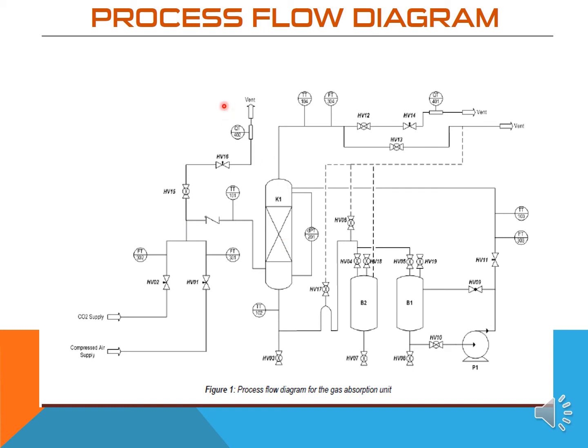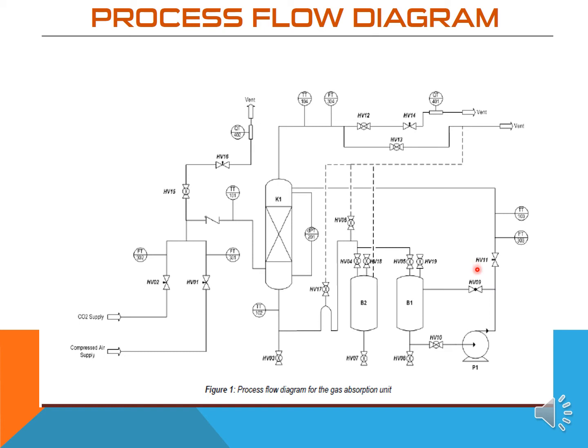For the general shutdown procedure, first we need to turn off pump 1, then we need to close the water supply and valves HV01, HV02 and HV11.